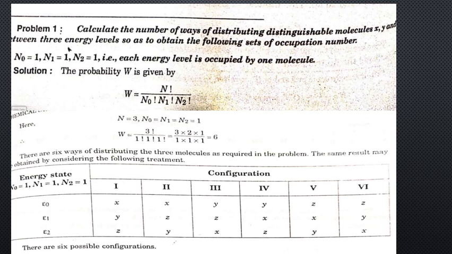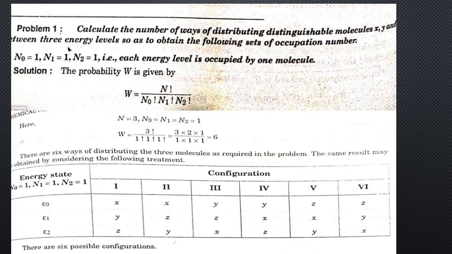This can be solved by applying combinatorial rule B and equation 2.2, in which the number of ways of arranging n distinguishable objects in groups will be given by W is equal to factorial n upon the multiplication of all the factorials of the objects.